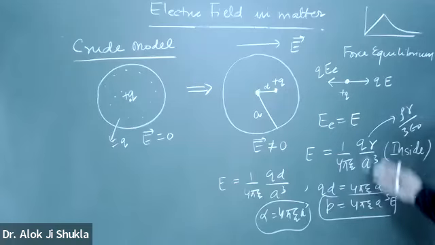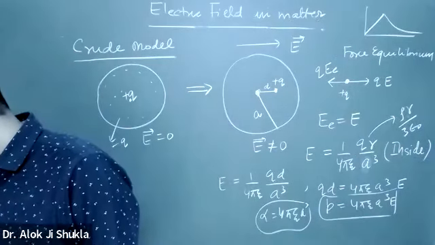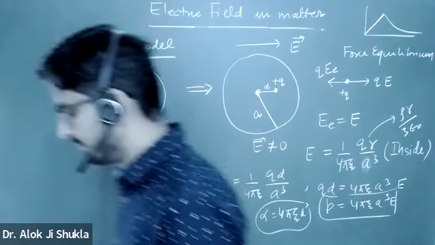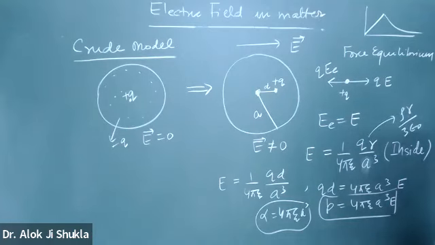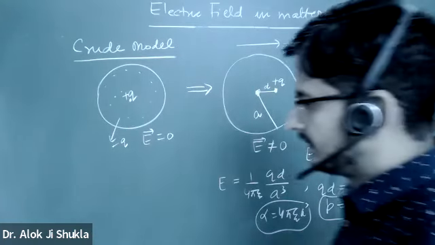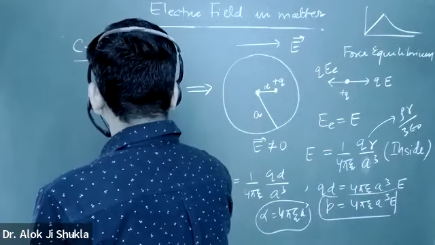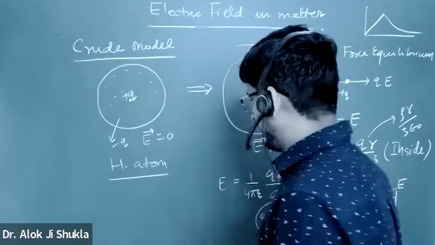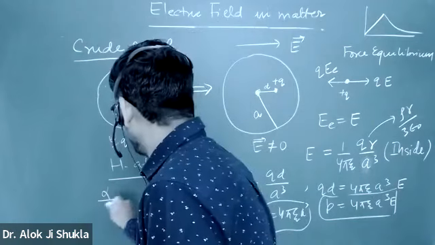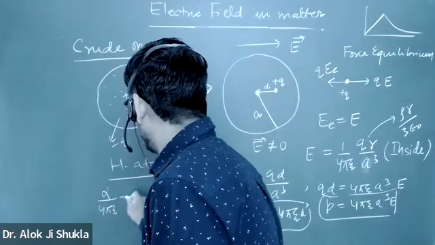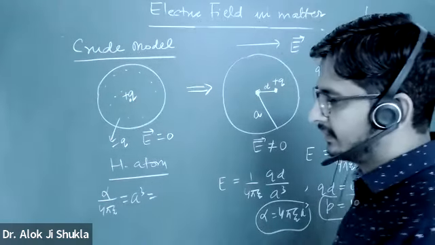So you see just what you have understood. According to that, I have calculated. And if, for example, you calculate it for the hydrogen atom, and let us write alpha dash, which is alpha by 4 pi epsilon naught, equal to A cube. So we know what is the radius of hydrogen atom in the ground state.